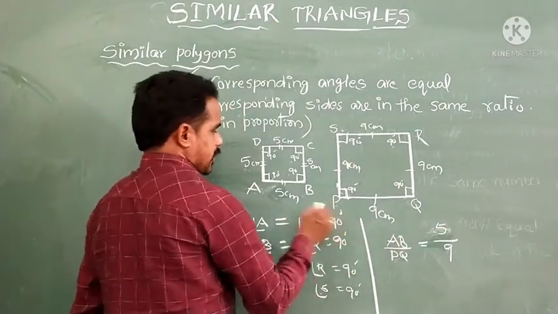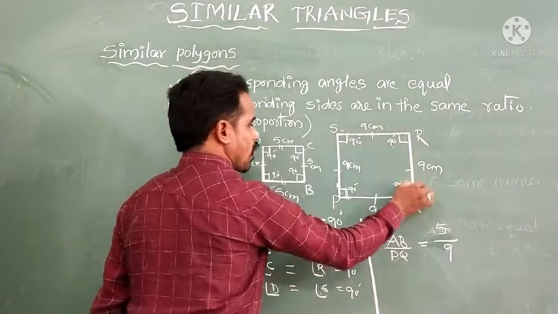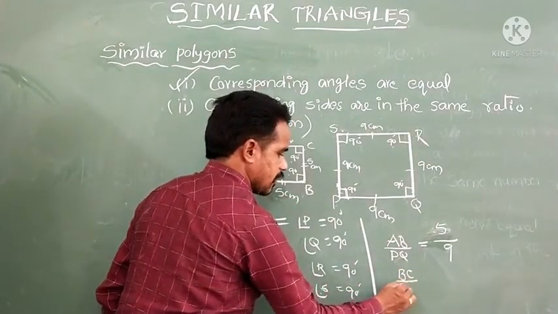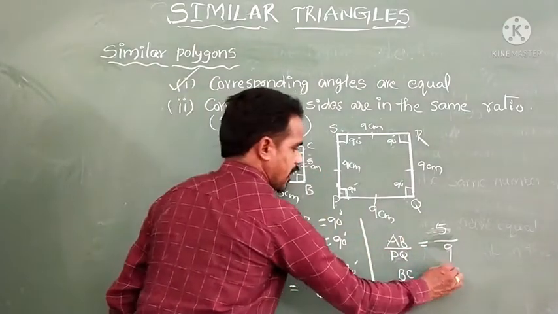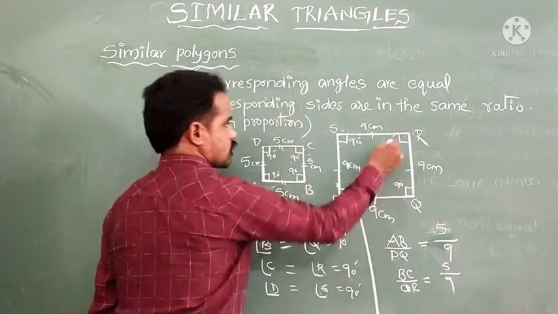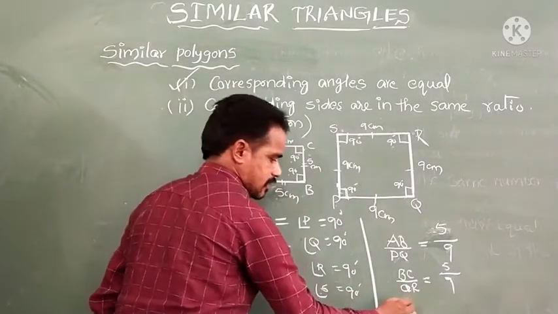Next corresponding sides. BC is corresponding with QR. That means the ratio BC by QR. How much? BC 5 by QR 9. Next, CD is corresponding with RS.